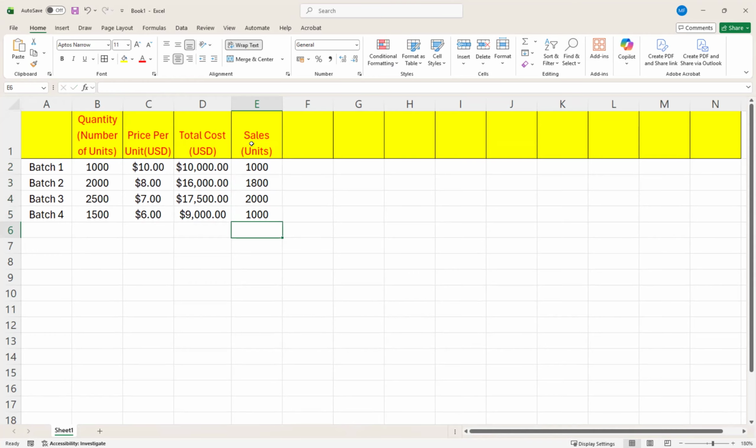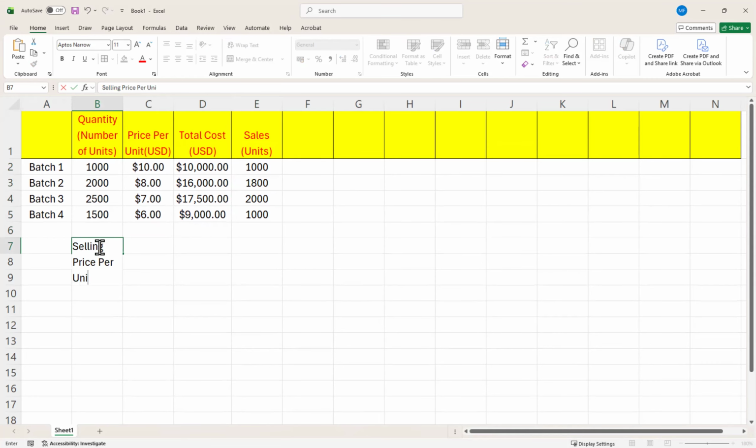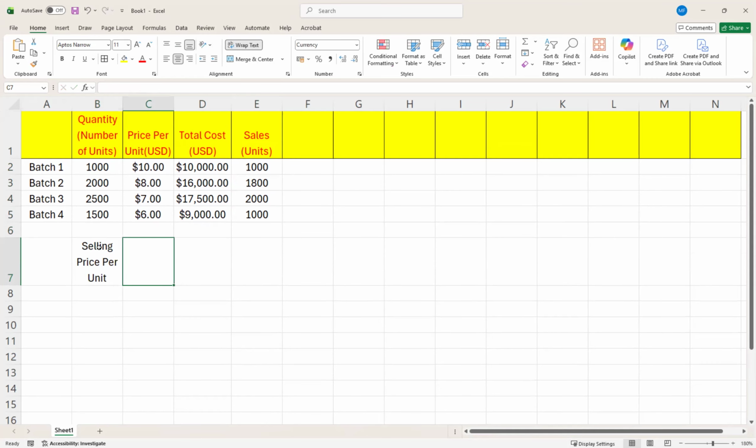We also have to assume a selling price per unit. Let's assume that the selling price is $15 per unit.